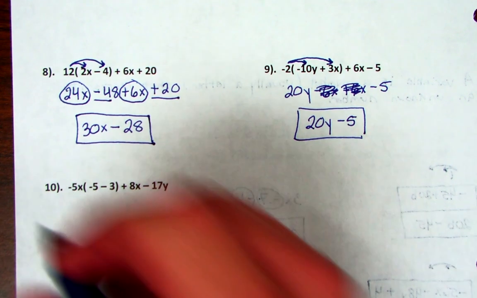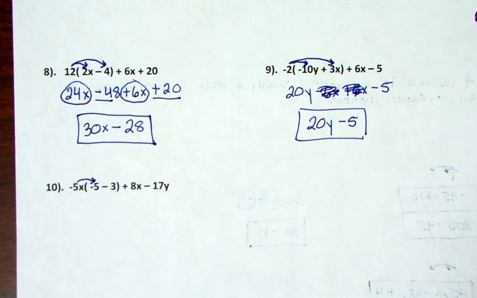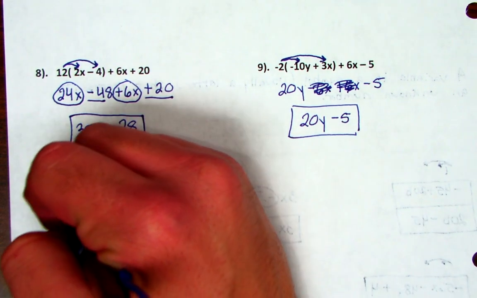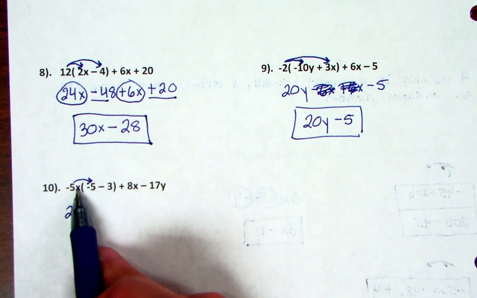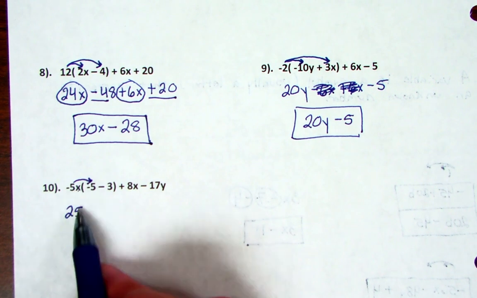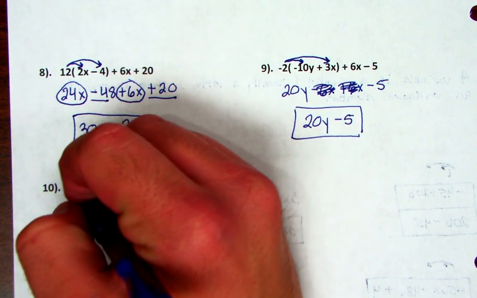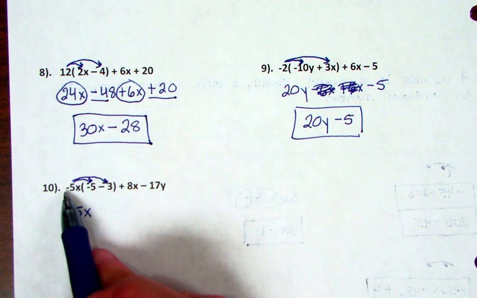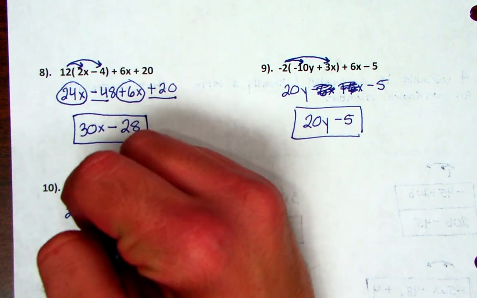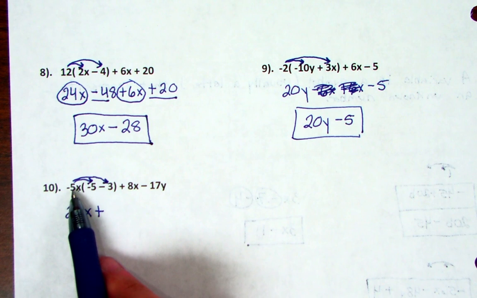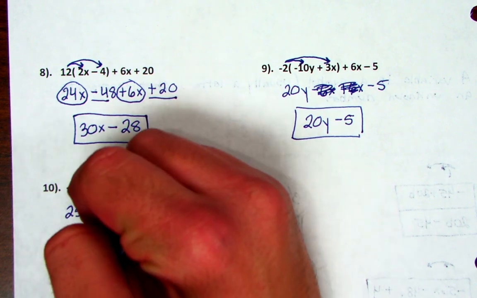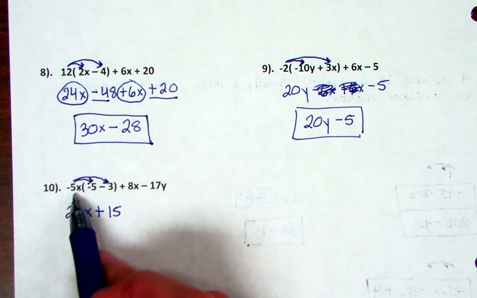Alright, last one. Negative times a negative is a positive. 5 times 5 is 25. But look, the x is on the outside, so this is really like negative 5x times negative 5. So again, 5 times 5 is 25. Bring down the x. What's a negative times a negative? Again, that's a positive. 5 times 3 is 15. Again, there's the x. Bring them down.